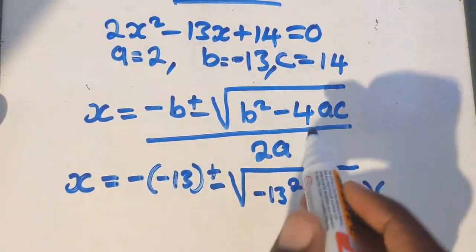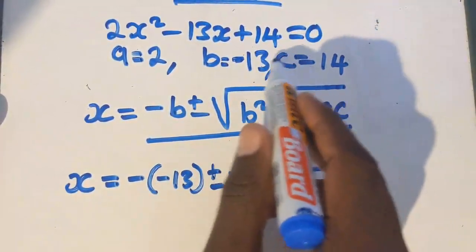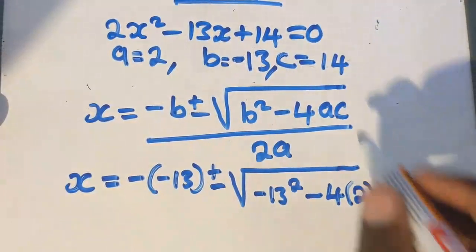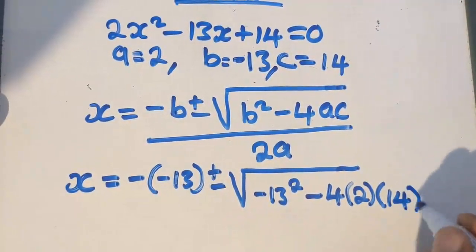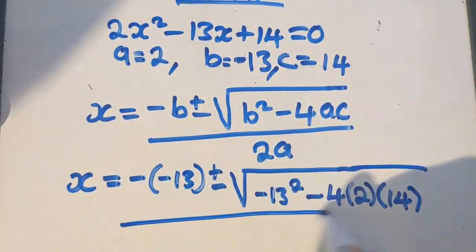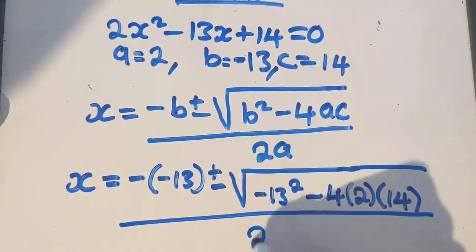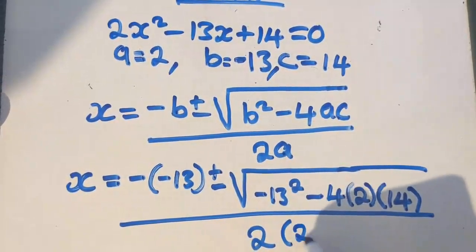How about c? C is positive 14. So you just get the 14 like that. As simple as that. Then you divide by 2a. What is our a? Our a is 2.